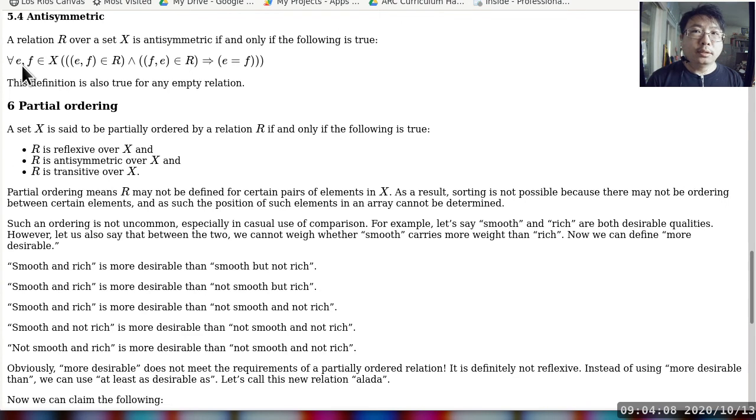A lot of these, not all, because reflexive is not based on implication, are based on implication or equivalency. Equivalency is kind of like implication, but it goes both ways. But in this case, the implication only goes one way.